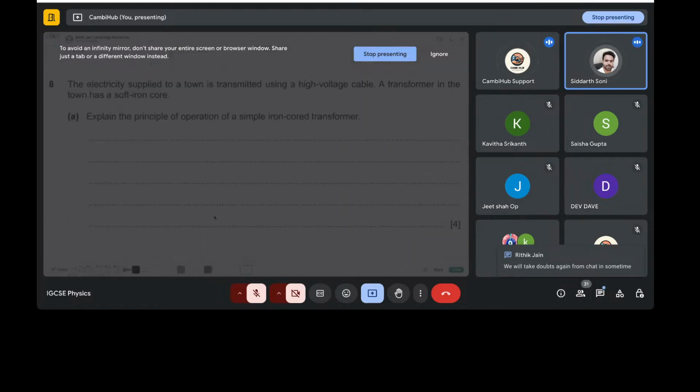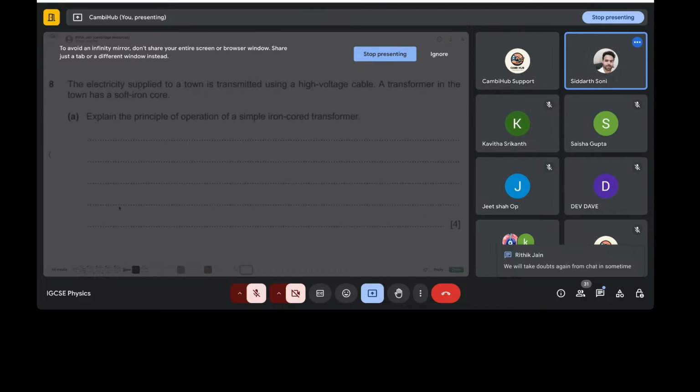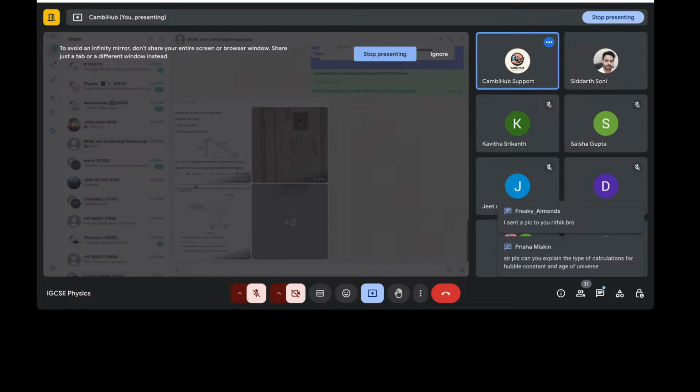So one, two, three, four. There's one more, the iron core transformer. Mark this as an FAQ, the last one. I think the rest can be done in the group. Right now we can just do some of them.